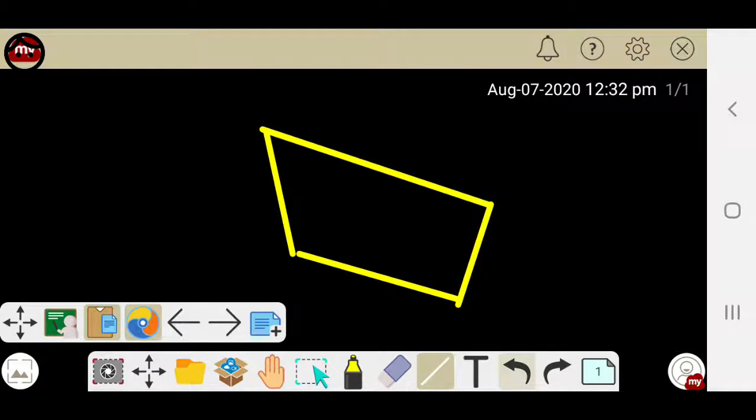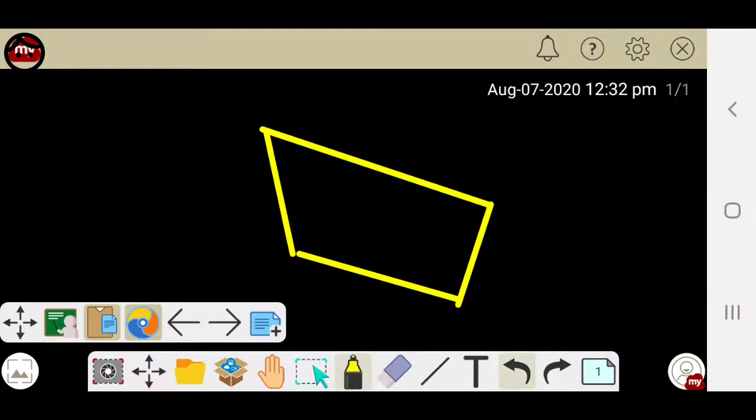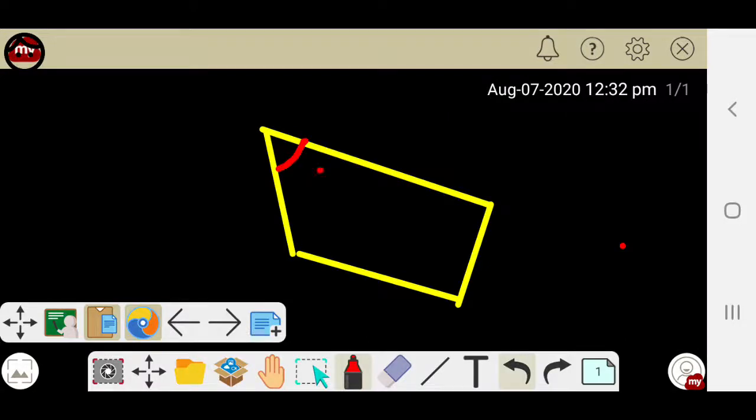In the quadrilateral, the angles measure 50, 130, 120 and x. We have to find the value of x.